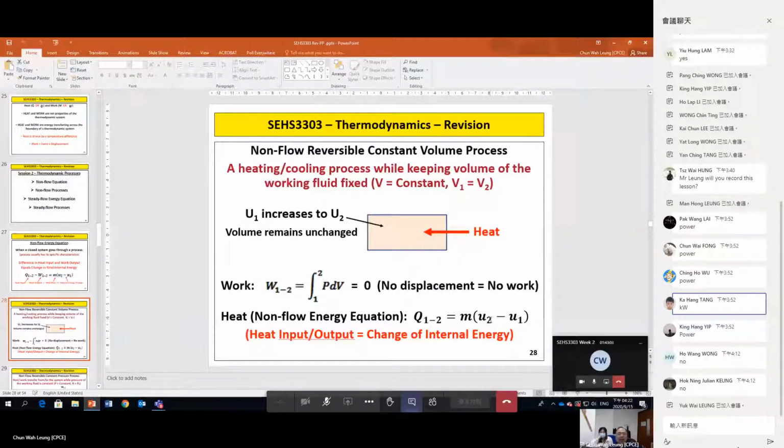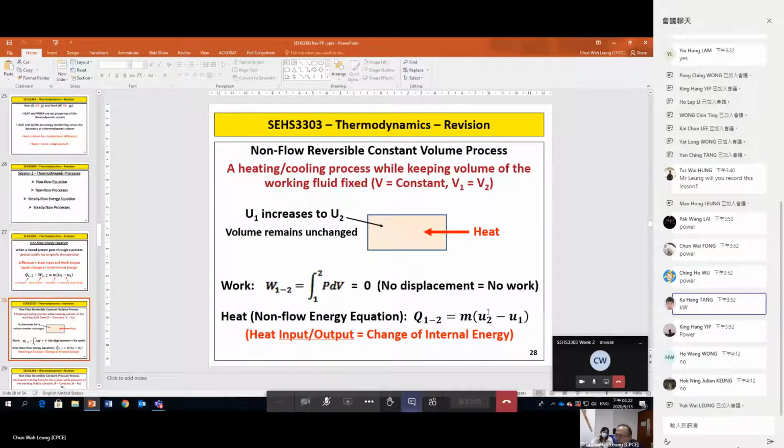So if this is steam, then you need to find out U1 and U2 directly from the table. If this is a gas, then you change U1 and U2 into CV times T1 and T2. Then if you can work out T1 and T2, then you solve also the heat. 0 work, and then we have heat, and heat can be solved like that.